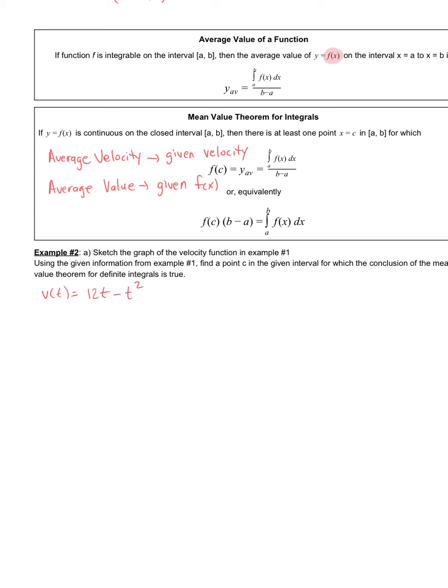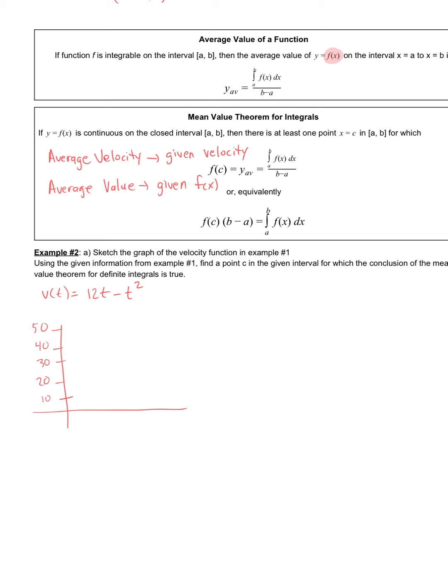Example 2 says to sketch the graph of the velocity function from example 1. It's going to be a parabola that opens down because it's a negative t squared. So grab your calculators and let's sketch a nice easy graph of this. I'm going to scale my y-axis by tens, because obviously we can't scale by ones.